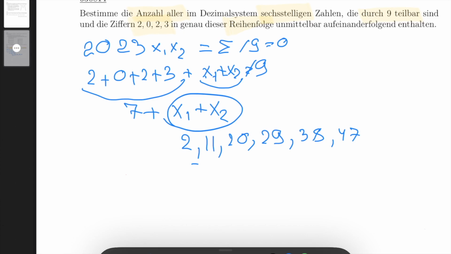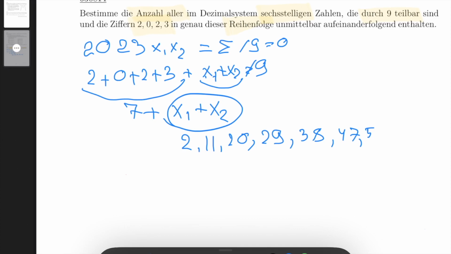So we always add 9. We don't count everything else because it would not be divisible by 9. So we follow this sequence.